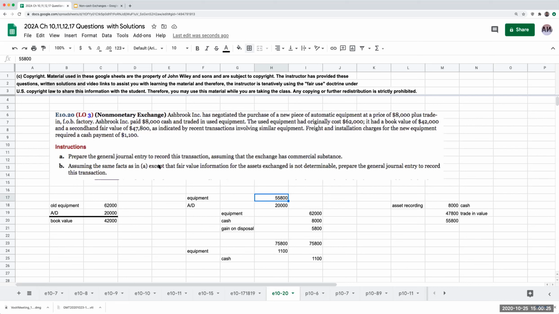Now, assume the same facts as in part A, except that the fair value information for the assets exchanged is not determinable. Prepare the journal entry to record this transaction.